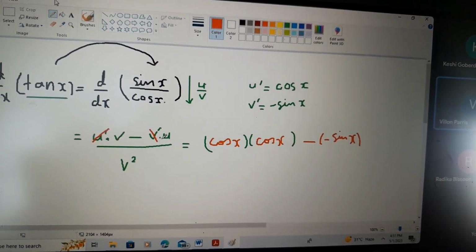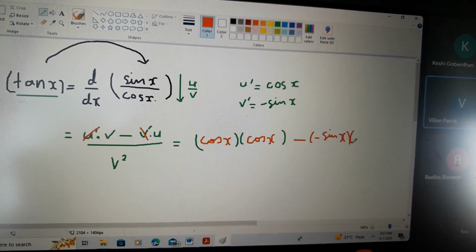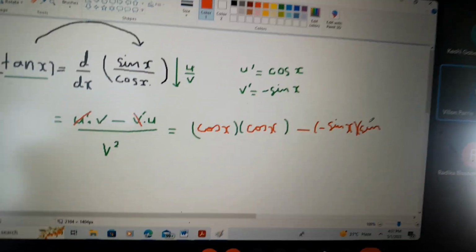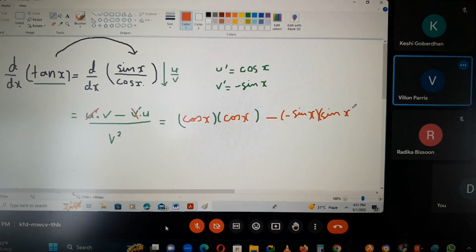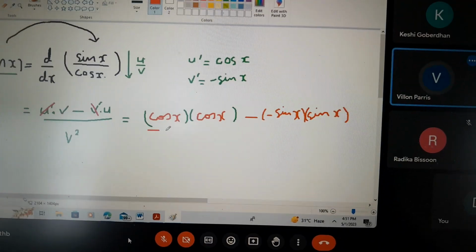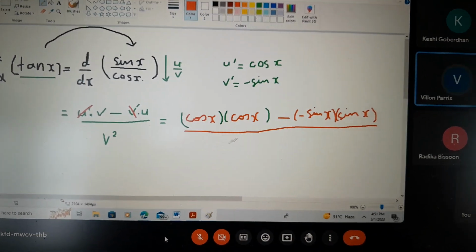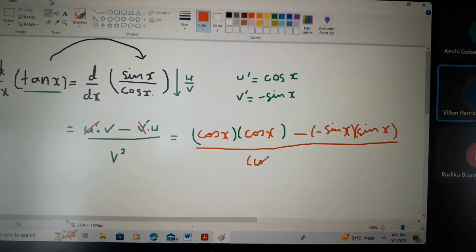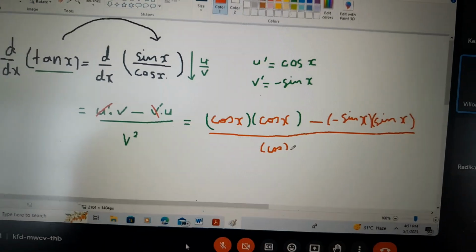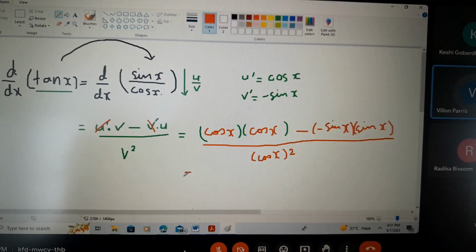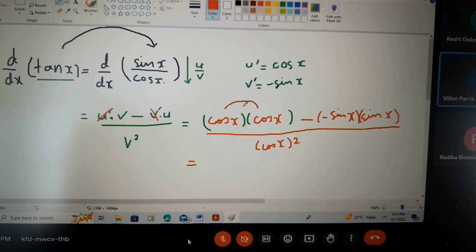And u, what's u? Sine x. Wonderful. All over v squared, and v is cos, so it would be cos x squared, right?